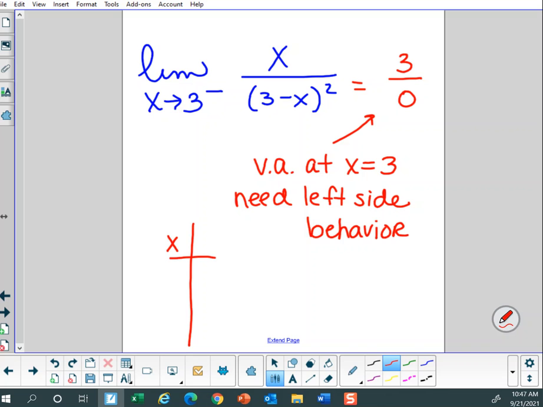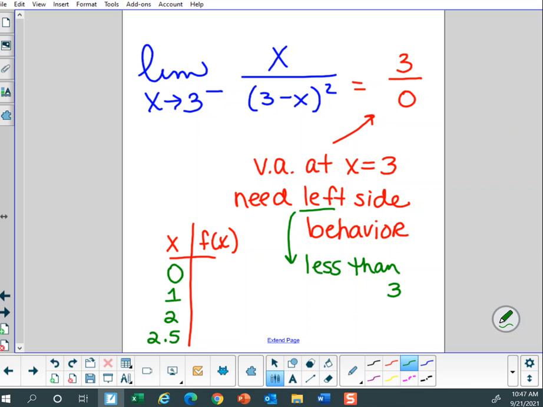I'm going to make a table to illustrate this left side behavior. So left side of 3 means we have to start less than 3. So maybe 0 and 1 and 2, and then if we want to throw a decimal in, 2.5.